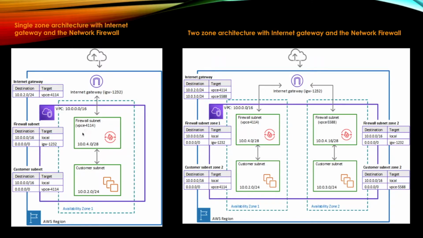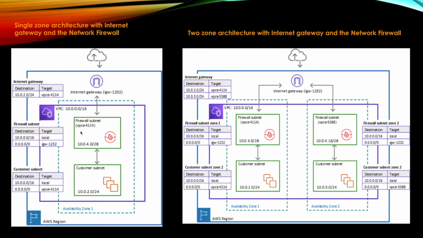If you have traffic originating from the same subnet, suppose you have the firewall subnet and an EC2 instance, if that EC2 instance generates any traffic, it won't be evaluated. It will evaluate only traffic originating from different subnets. One reason you can think of is that the rule will be that traffic going to the internet will go to the internet gateway. It won't go to that particular VPC endpoint.